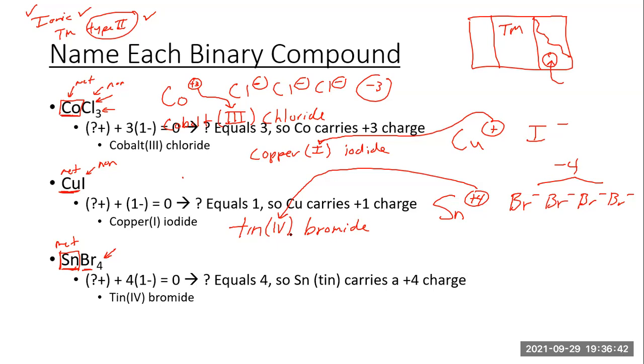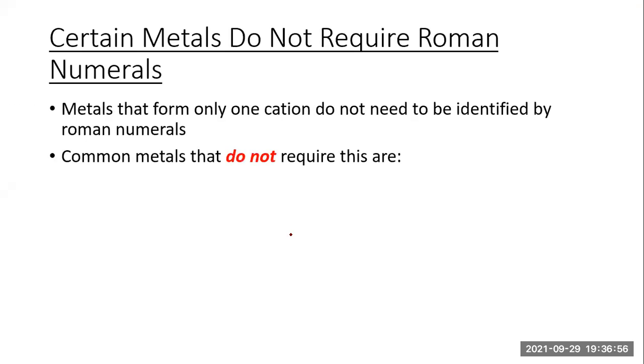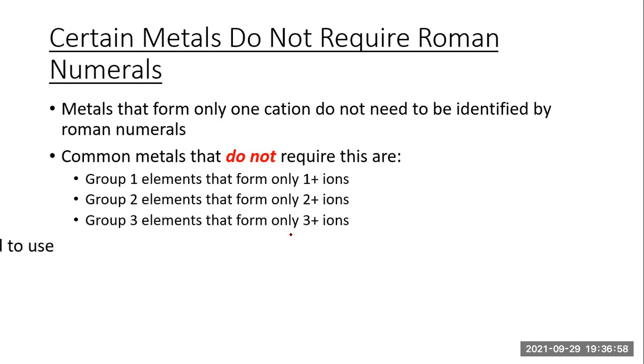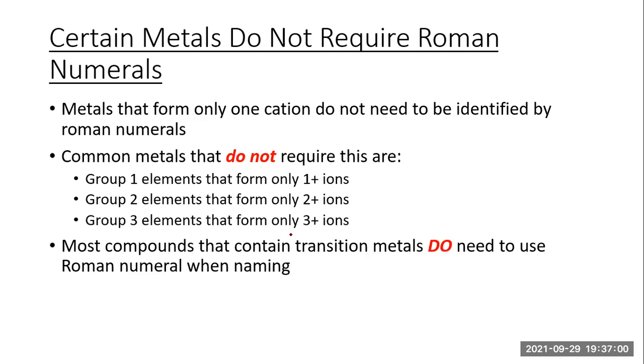Okay, so again, that's a little review there of type 2 that we talked about last time, I believe. Let us then get into type 3 here. And this is, again, a reminder of what we just talked about. Those that do not require a Roman numeral, which are type 1, are our group 1, 2, and 3 metals, zinc, cadmium, and silver.